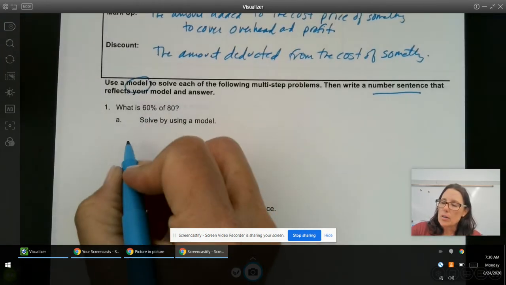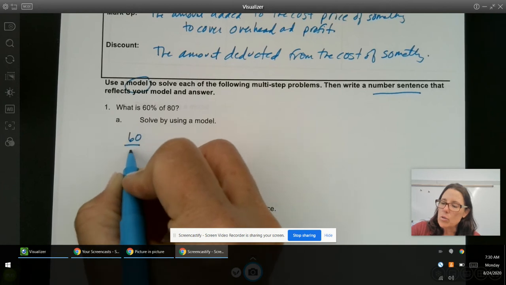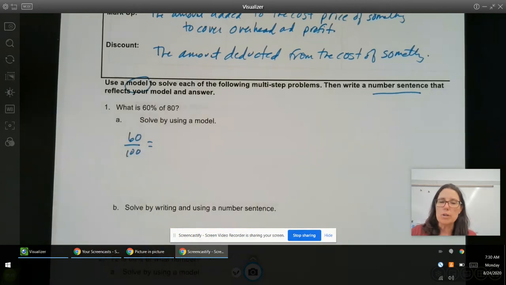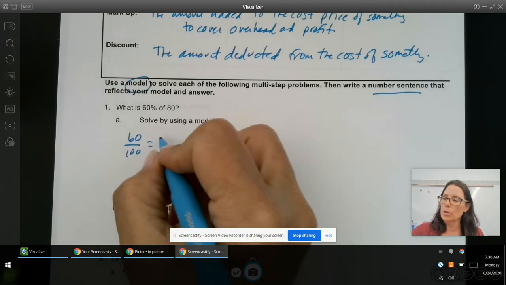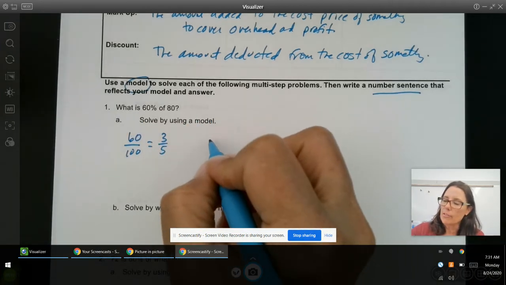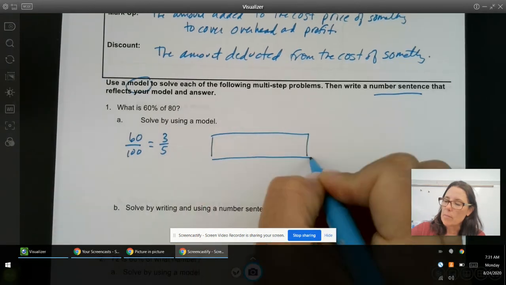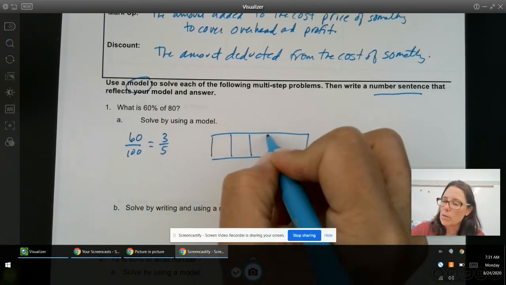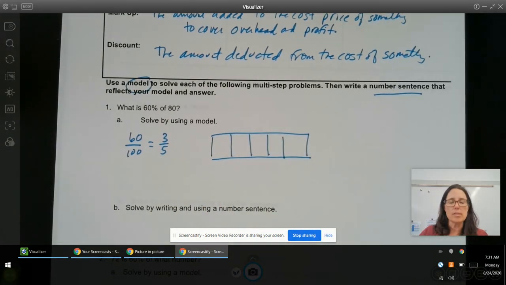All right, remember when you're given a percent, you always start with it over 100 because that's what a percent is. Okay, and then you reduce. So I'm getting 3 parts of 5. So I've got my bar, got my 5 boxes inside my bar as equally spaced out as possible. Okay, now let's mark this thing up.